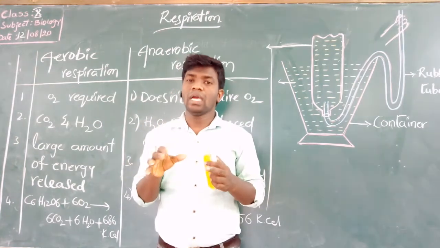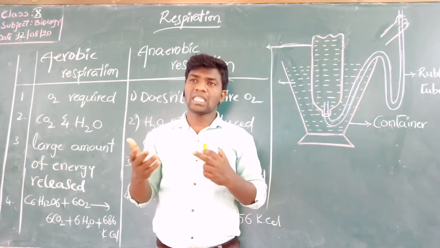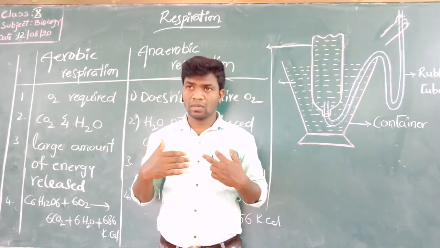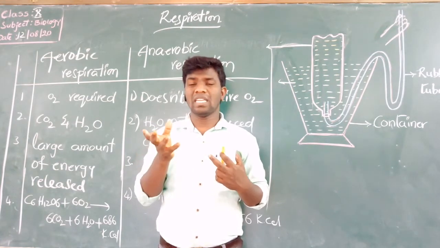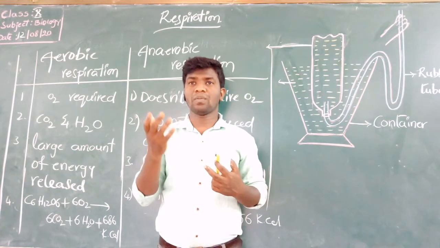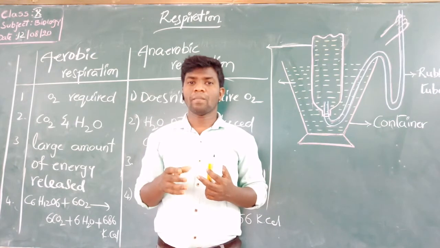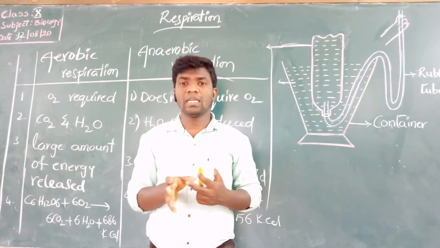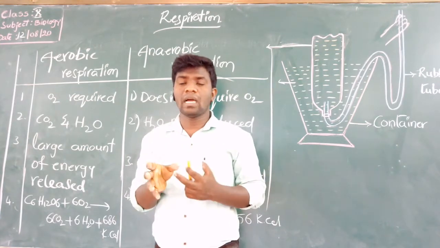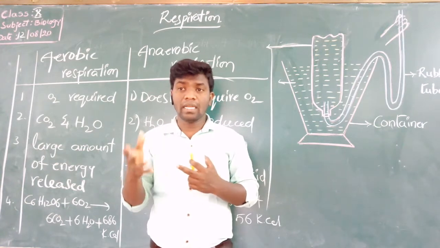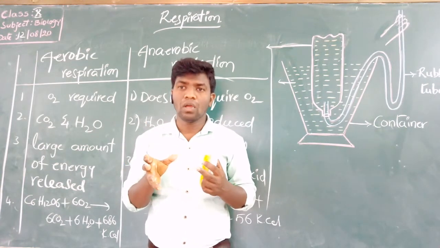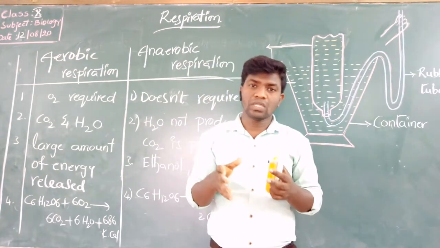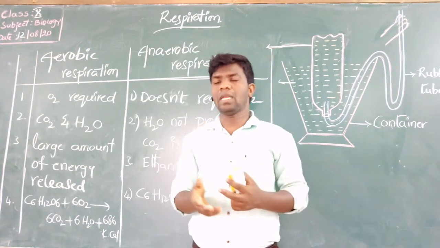This type of respiration occurs in several tissues and organisms, like muscles and some parasites such as leeches and mosquitoes, and some yeast and bacteria like Clostridium botulinum. These are typical examples.